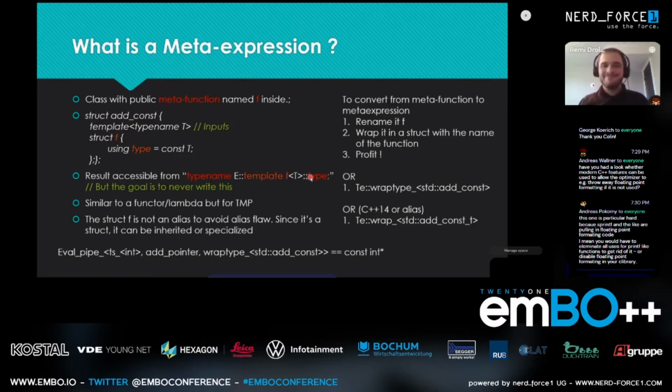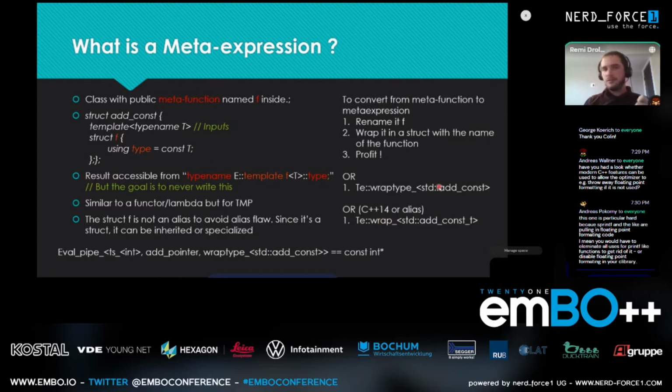basically everywhere. So to convert a meta function to a meta expression, you rename it f, and then you wrap it with your name of the function. That's all I did to convert add_cons to this meta expression. Or you can use wrap_type or wrap, but it depends if it's an alias or not.